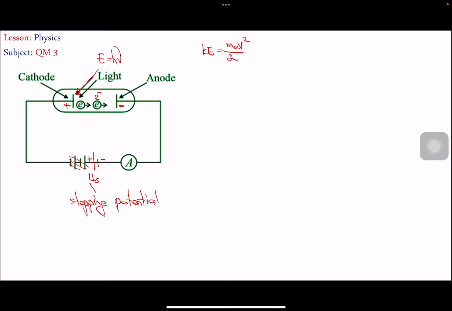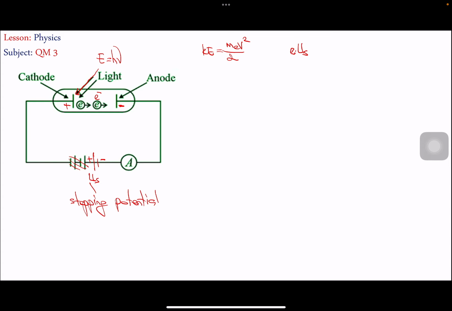But the potential energy, in order to get the stopping potential, if I denote it by U sub S, should be multiplied by the charge, and the charge of the electron, of course, because the particle that I use here in the photoelectric effect is the electron.